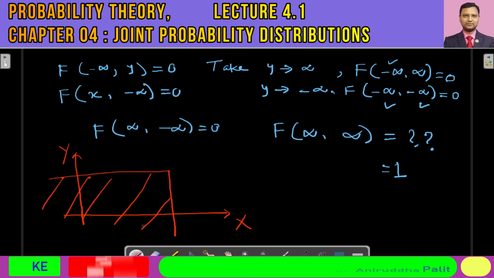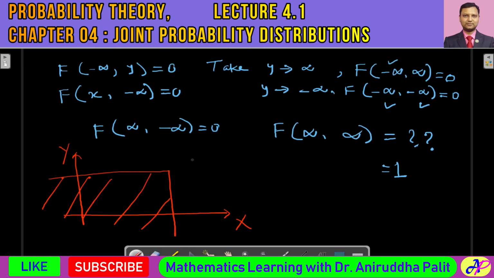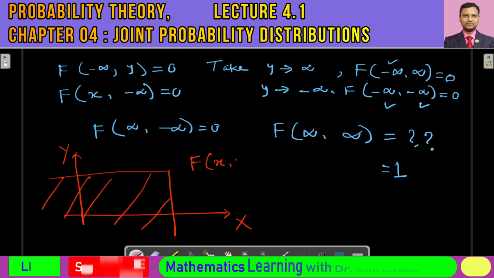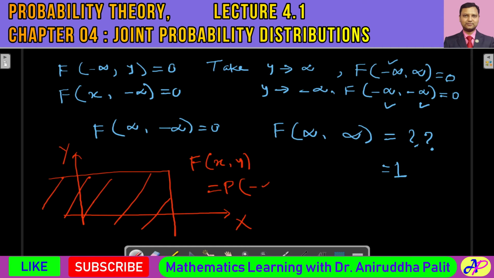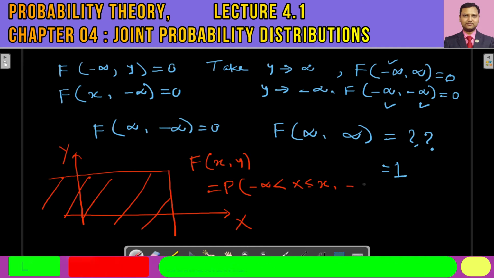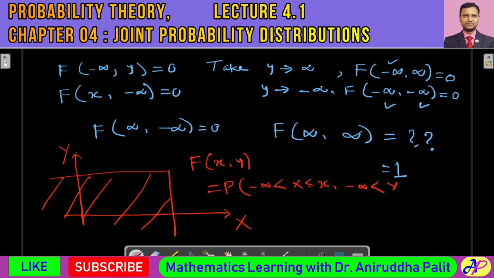This is the zone where we have the definition F of x comma y, that is equal to the probability of this kind of region: minus infinity less than capital X less than or equal to small x, and minus infinity less than Y less than or equal to small y.